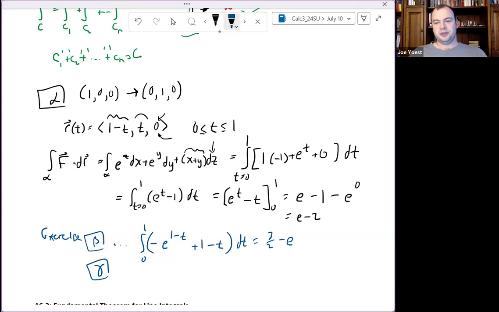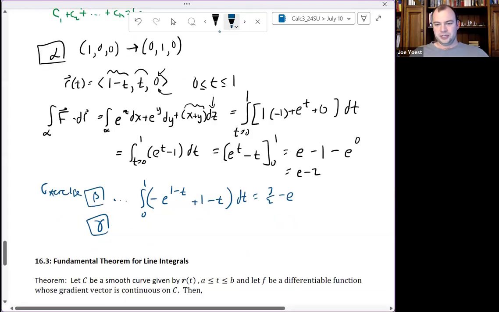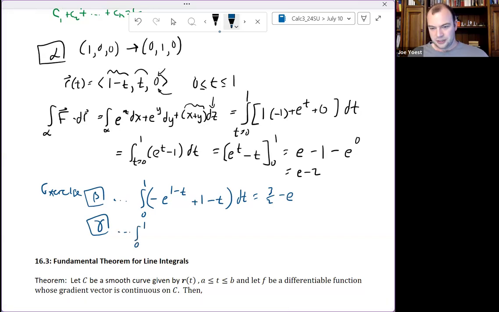So see if you can come up with that same integral and result. And for curve gamma, I ended up getting the integral from 0 to 1 of e to the 1 minus t dt, which is negative 3 halves plus e.